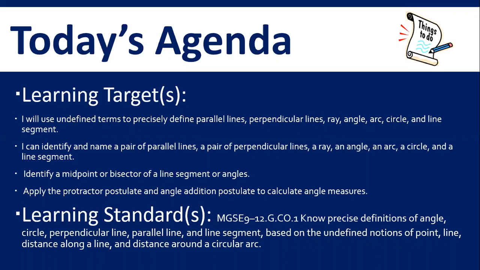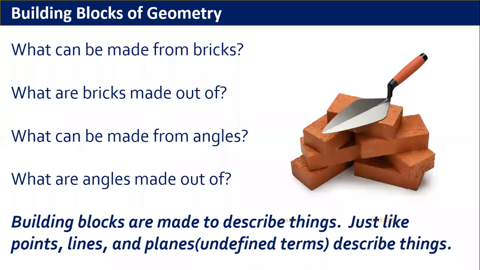Identify a midpoint or bisector of a line segment or angles. Apply the protractor postulate and angle addition postulate to calculate angle measures. And then our Georgia Standard of Excellence is to know precise definitions of angle, circle, perpendicular line, parallel line, and line segment based on the undefined notions of point, line, distance along the line, and distance along a circular arc.